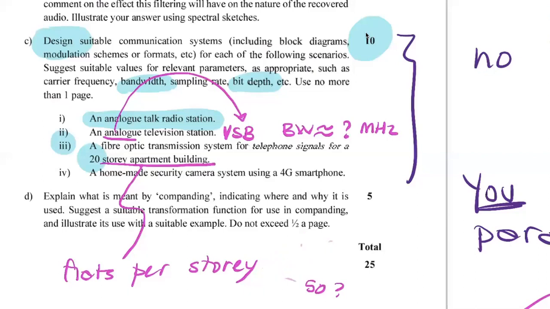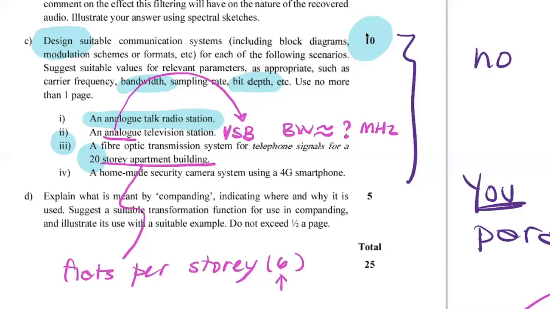So let's say you assume that there are 6 flats per story. That's an assumption. You might assume 5, you might assume 8, you might assume 4, but you need to justify it. You need to say, assuming that we have 20 stories and assuming we have 6 flats per story, 6 times 20 is 120.